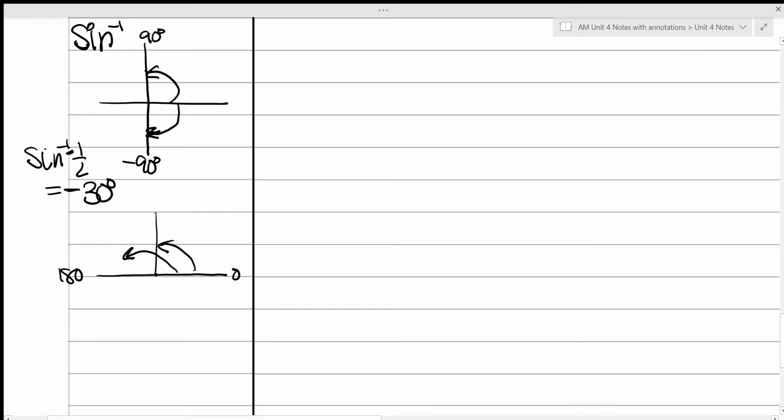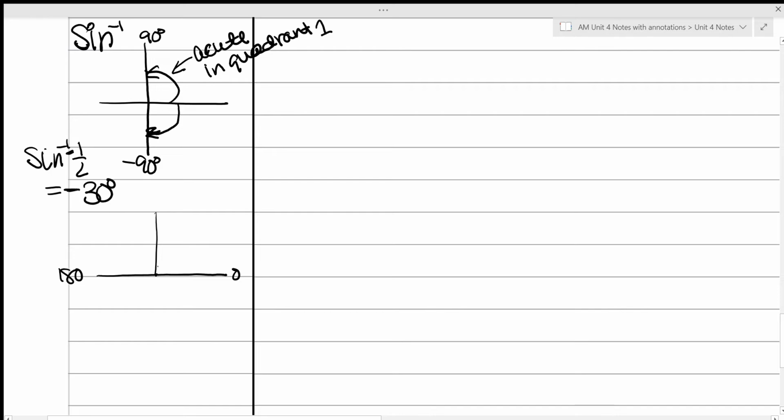Let me explain that again. This angle is always going to be acute, but sometimes we need an obtuse angle because there are obtuse angles in triangles.